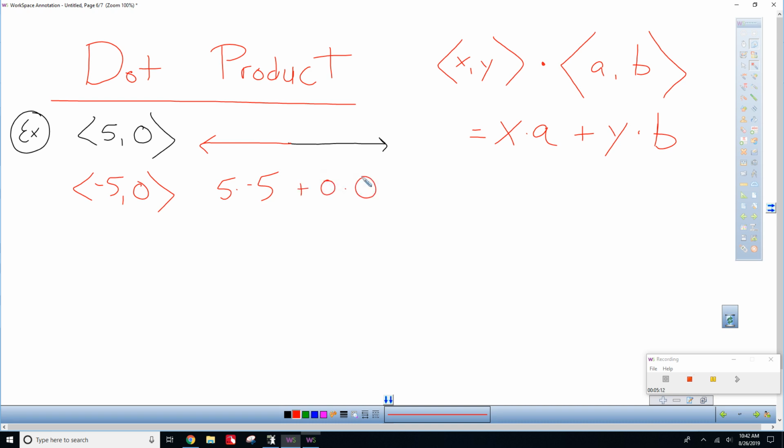So the answer is negative 25. Okay? What does that mean? Well, if the answer is negative, that means they're traveling in the opposite direction.